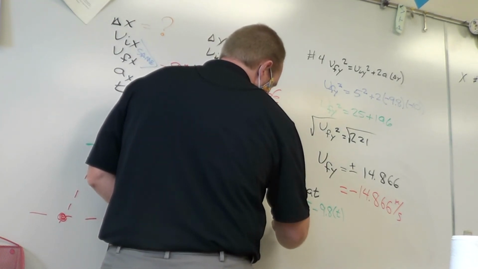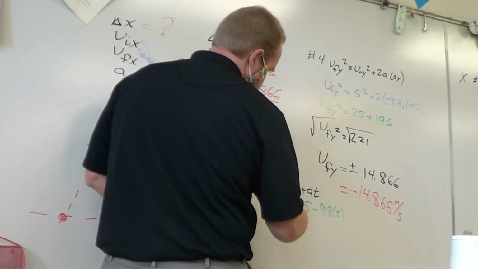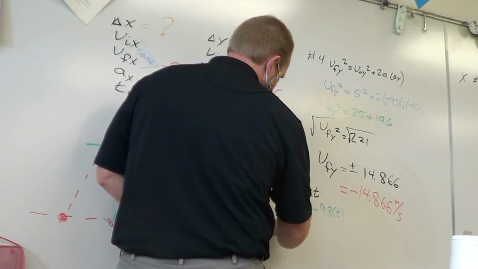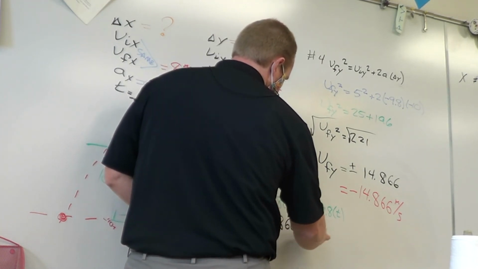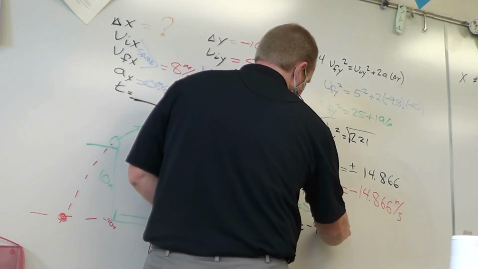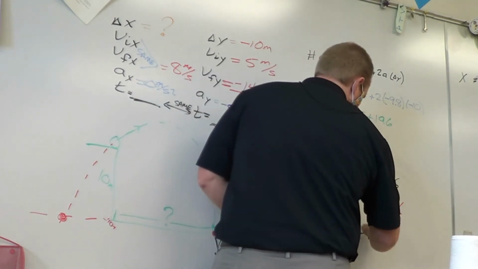Do some rearranging and we get negative 19.866 is equal to negative 9.8 t.